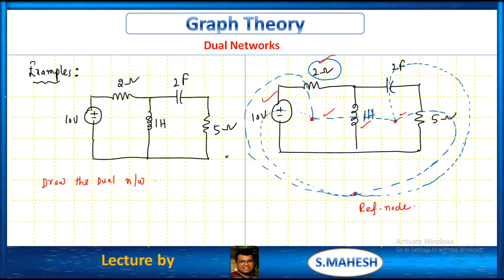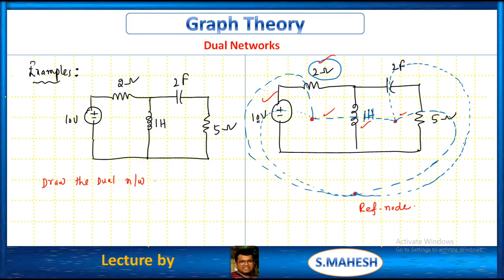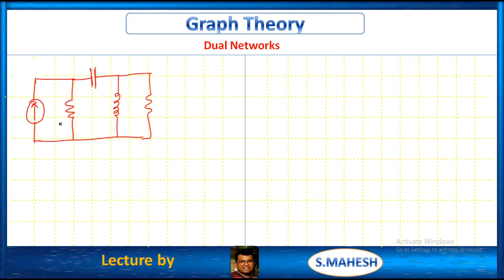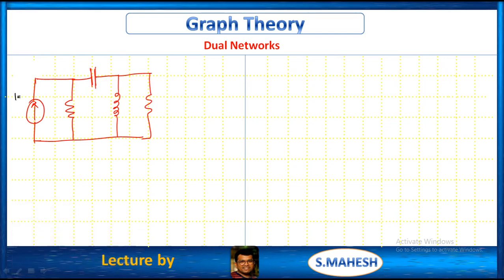Next, the last element is what? A resistive branch, which is connected in parallel, right? That's it. Then this is 10 volts. Here we are having what? 10 amps only. Only units are changed. That's it. There is no change in the magnitude.